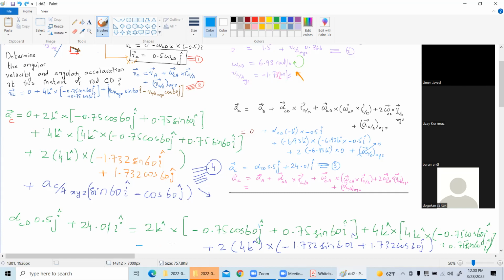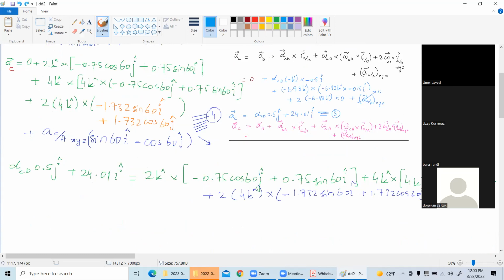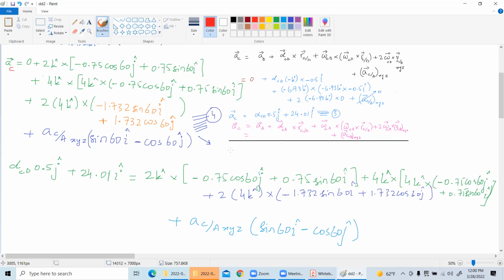So I will plus AC with respect to A XYZ, sine 60 I minus cosine 60 J. So now you have all the terms. This is your left chunk and this is your right chunk.